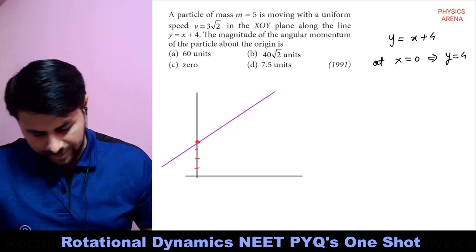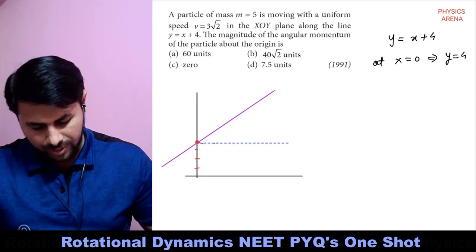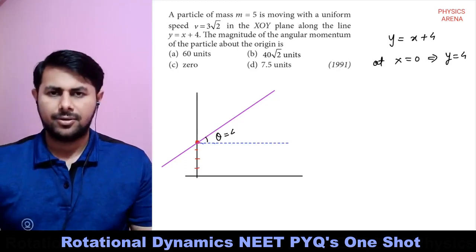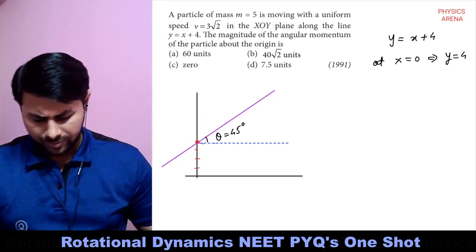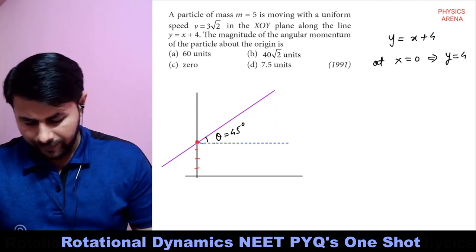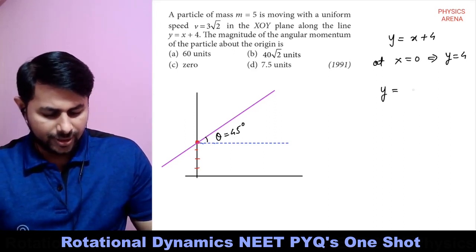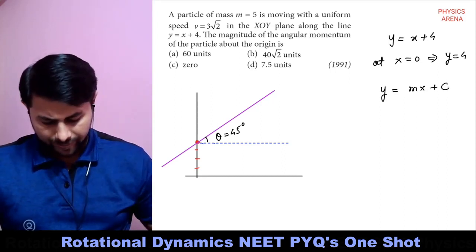So how much will be this angle? This angle would be equal to 45 degrees. And why so? The reason is, see, you can say y is equal to mx plus c is the equation of line, if you remember.